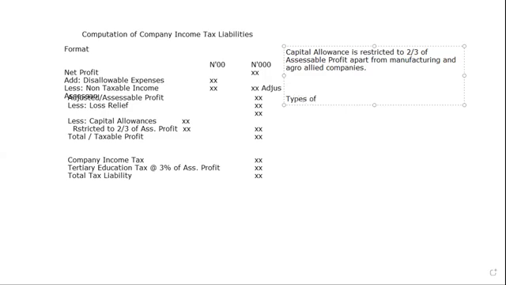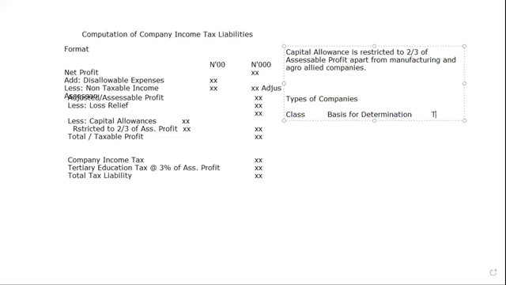Types of companies. Because you notice that I didn't put a rate in the company income tax, because the type of the company will suggest the rate. So we have three classes, with the basis for determination. Are you with me? Yes, sir.